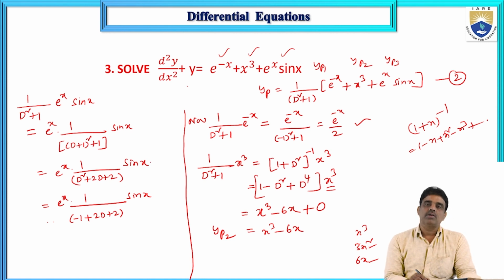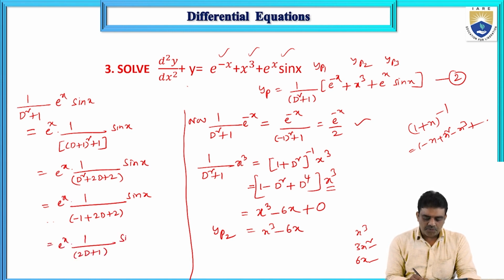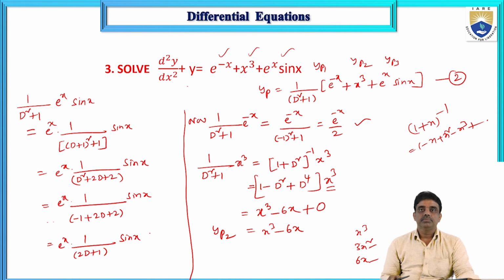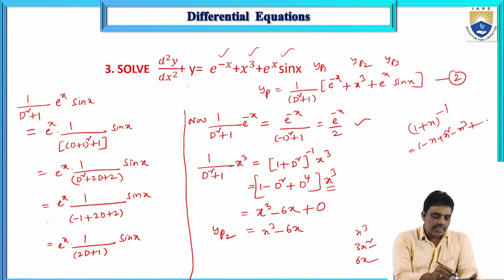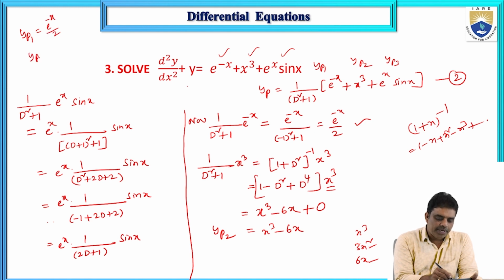Replace sin bx or cos bx, then we go to the approach of the second model. So e power x into 1 by 2D plus 1 of sin x. Am I right? Now, what is the first integral? I will write here yp1 is equal to e power minus x by 2, and yp2 we have already calculated, that is x cube minus 6x.